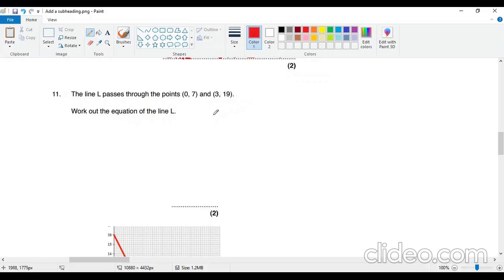So we take the formula for finding the slope: y2 minus y1 divided by x2 minus x1. So I consider (0, 7) the first point, x1, y1, and the second point is (3, 19), x2 and y2.